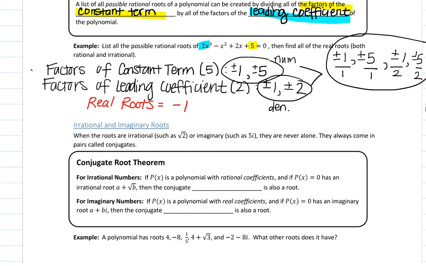Conjugates are two things that are pretty much the same. They're binomials, but one has a plus and one has a minus. Think of a difference of squares when you factor it.